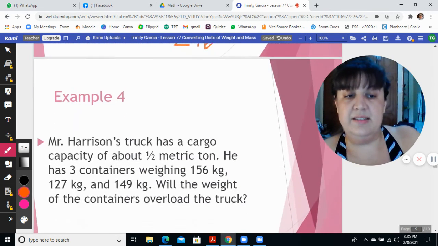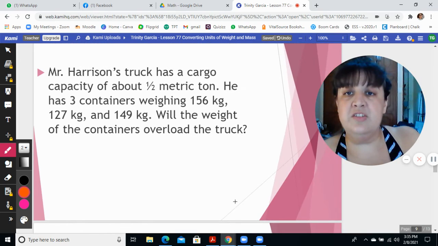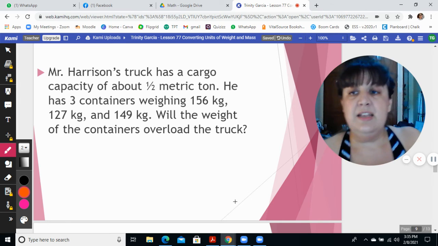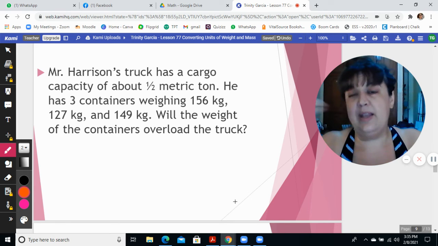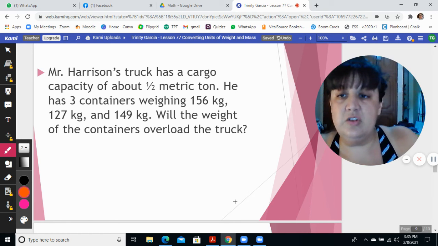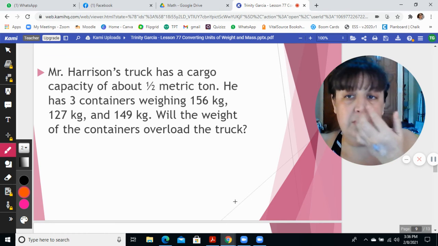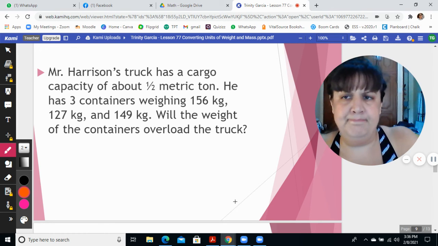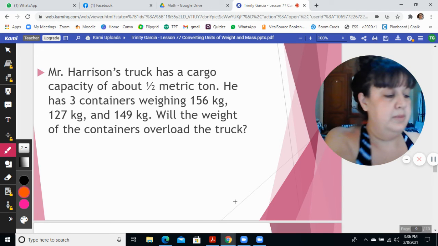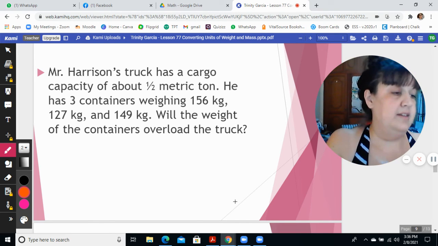All right. Example 4. Mr. Harrison's truck has a cargo capacity of about a half a metric ton. He has 3 containers weighing 156 kilograms, 127 kilograms, and 149 kilograms. Will the weight of the containers overload the truck? This one's a little bit more complicated. We need to break it down a little bit.